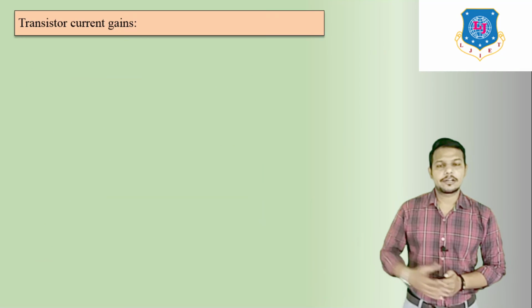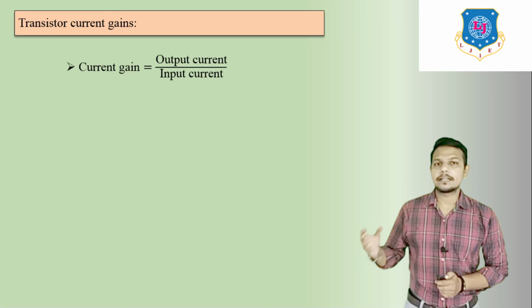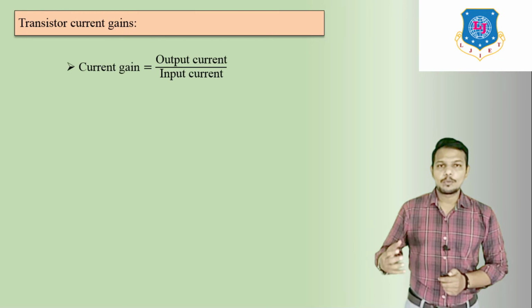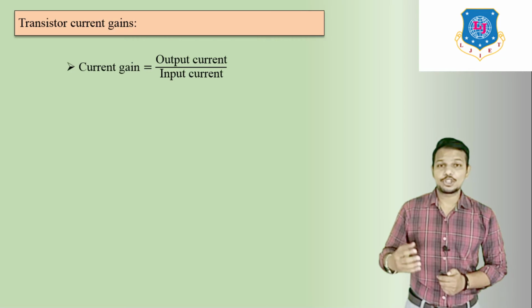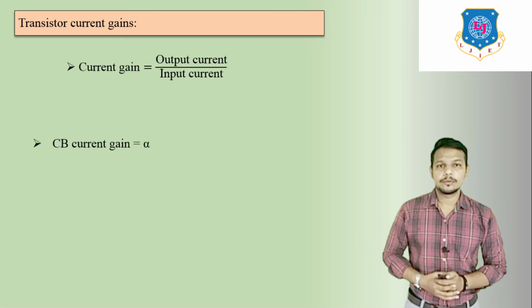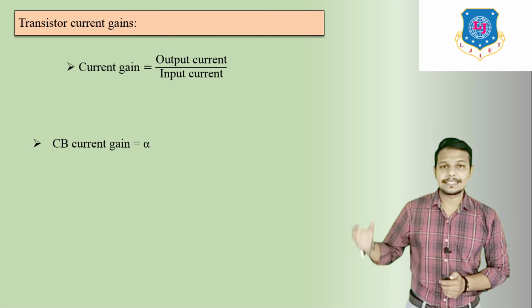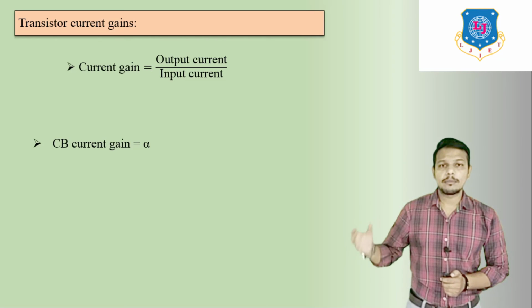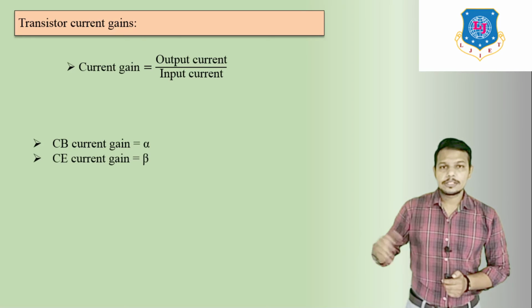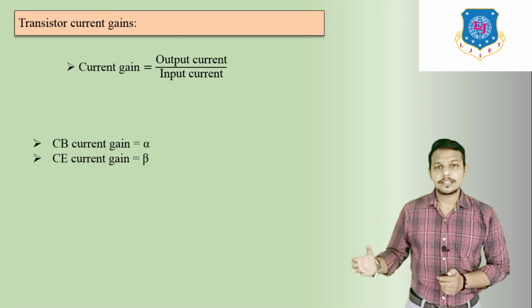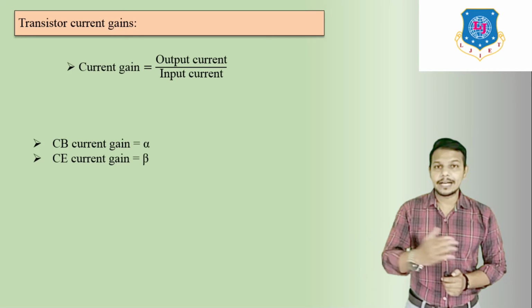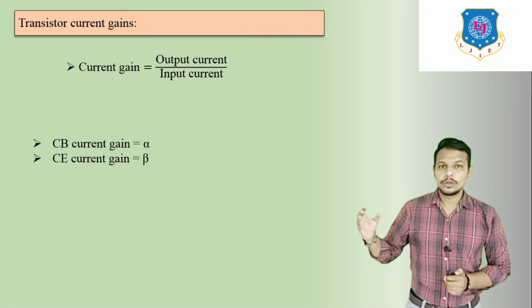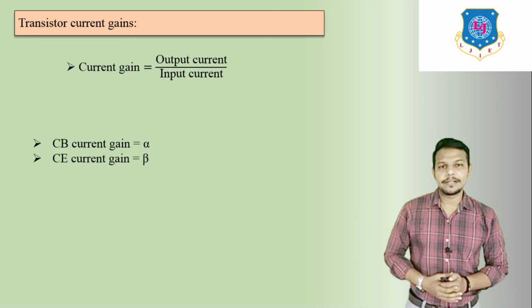Now transistor current gains. Current gain is equal to output upon input. Gain means it is the ratio of output upon input. The CB current gain, that means common base current gain, is equal to alpha. For CE current gain, as we discussed in our previous equation, IC is equal to beta into IB, so its gain is beta.